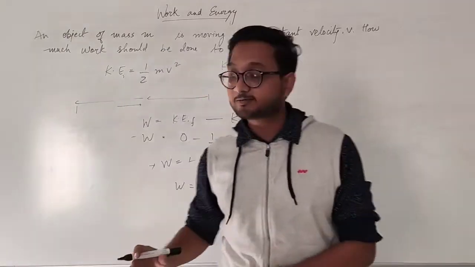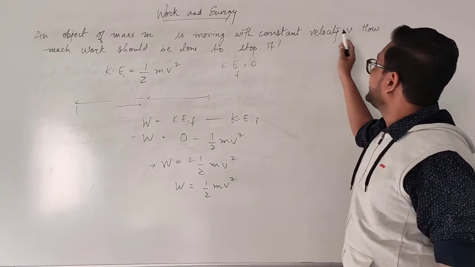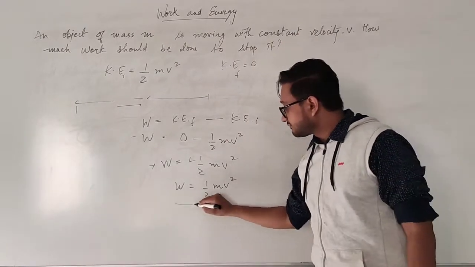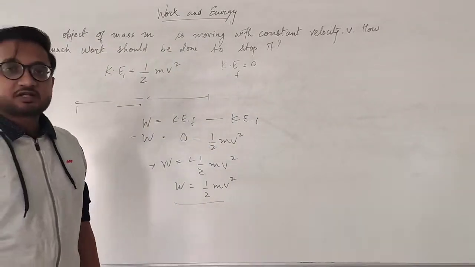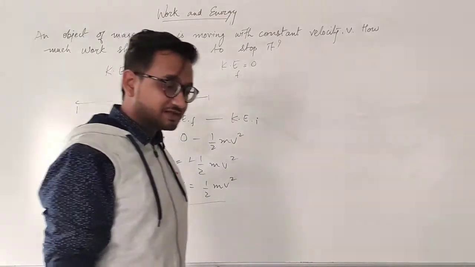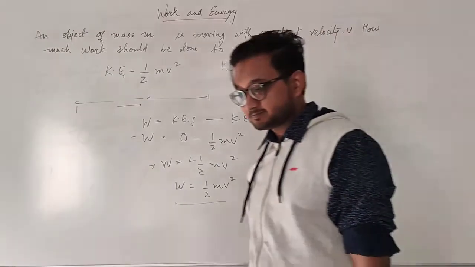Whenever I am stopping a vehicle which has mass m and velocity v, this much amount of work will be done. I hope it is clear to you, students. Very simple, and the next question is based on this exact same theory.